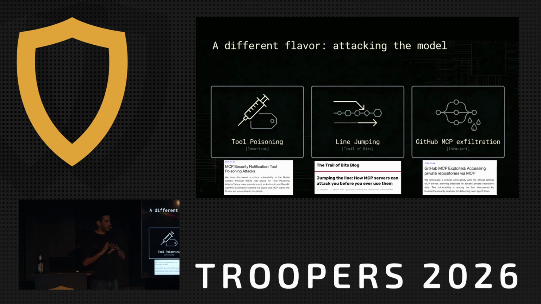And there's another complete form of attacks that I won't get into in this talk, which is where a lot of the research, at least initially, lived, which is attacking the model. So we have attacks like tool poisoning, where you mess with the description of the tool, or you create typo-squatted tools that have the same name and then different functionalities.